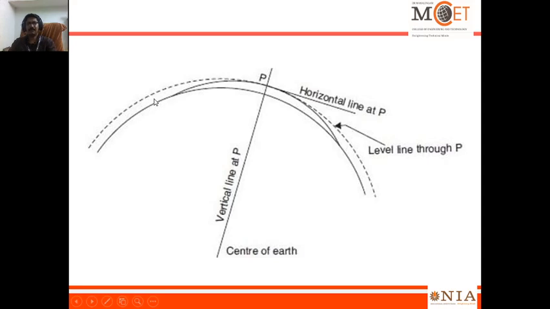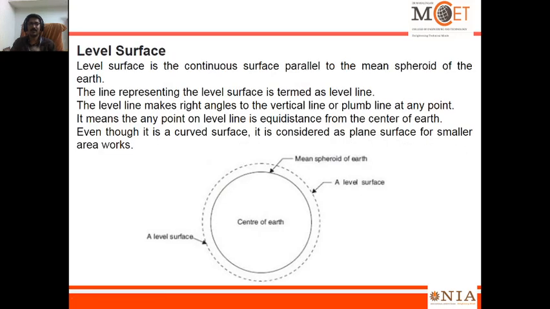The level line may be above or below, wherever we draw it, but it will be exactly parallel to it, so that any points you place on the level line will be equidistant from the center of the earth. That is the point we are trying to explain here.